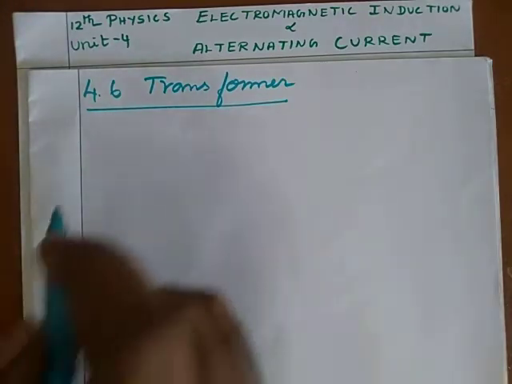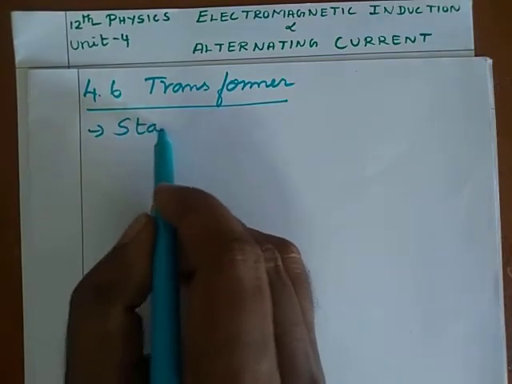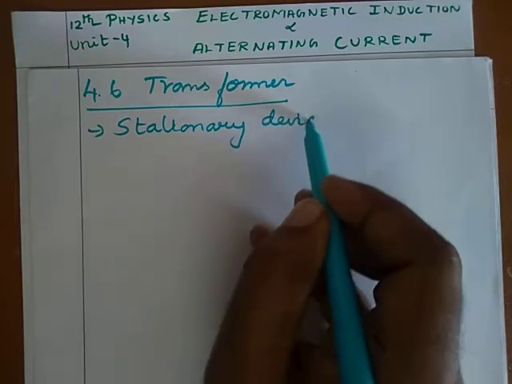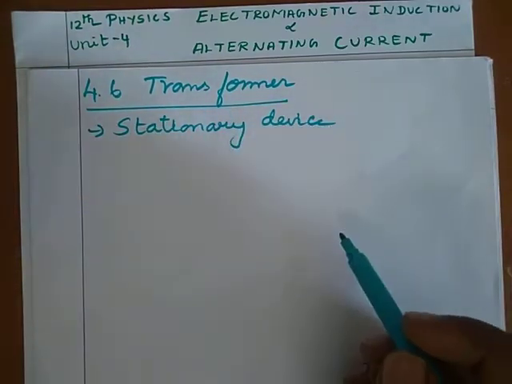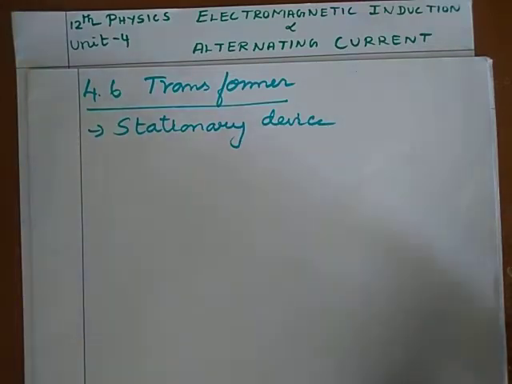Basically, a transformer is a stationary device. It is a stationary device because there is no moving part and the transformer also does not move.